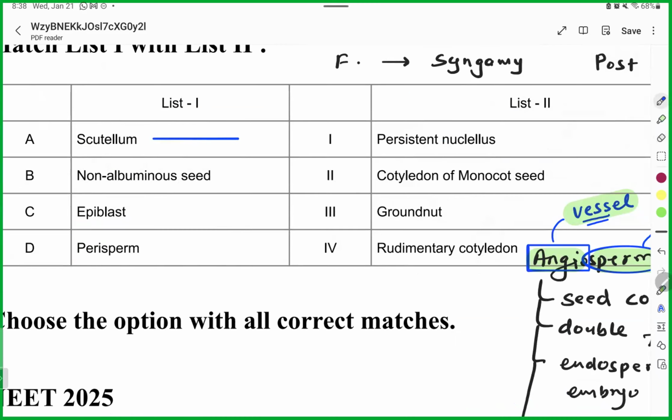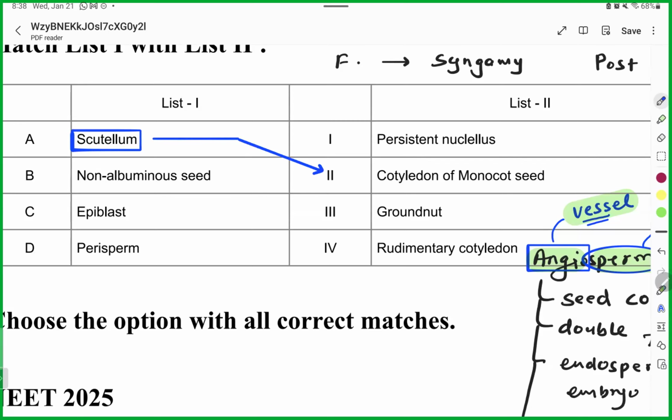So what is your answer? Just tell me scutellum. Yeah, cotyledon of monocot.